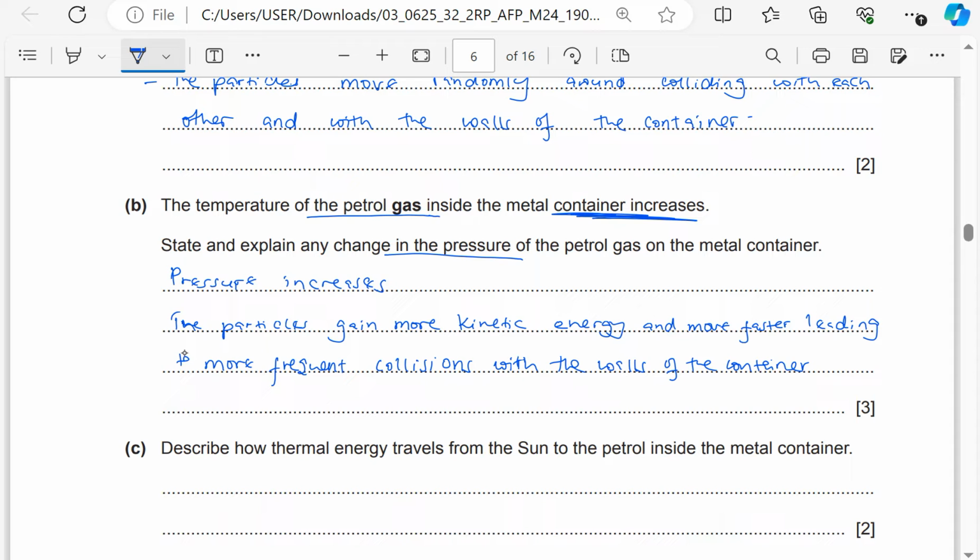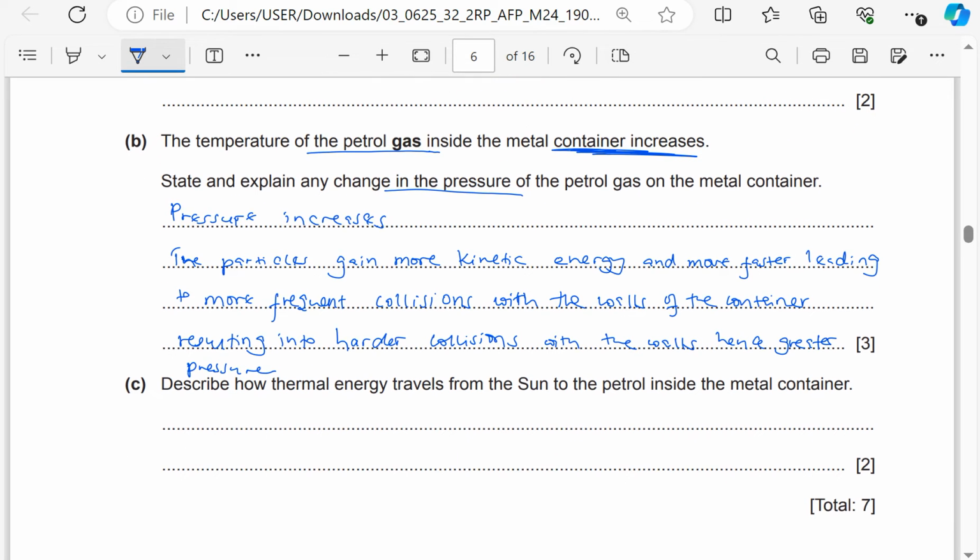resulting into harder collisions with the walls of the container, hence greater pressure.